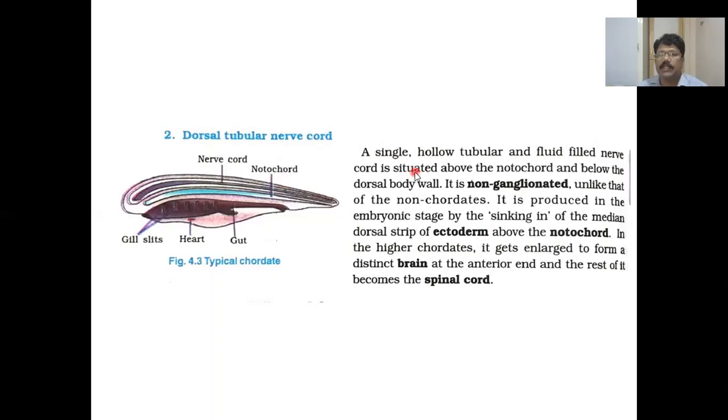And it is single, and it's a hollow, tubular, and fluid-filled structure. And most importantly, it is not ganglionated. And it is derived from the ectoderm. And the anterior part will become the brain, and the rest becomes the spinal cord.